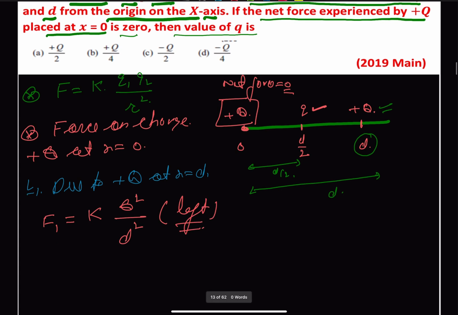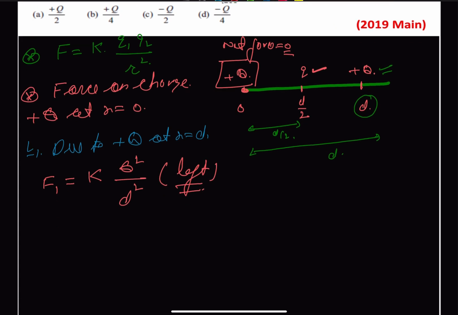Next is our force due to q at x is equal to d by 2, and this force will depend upon the sign of this q.